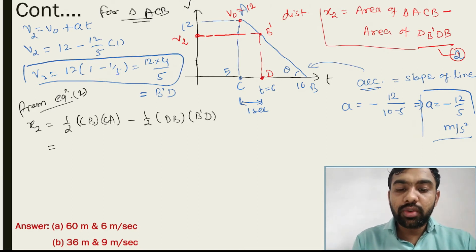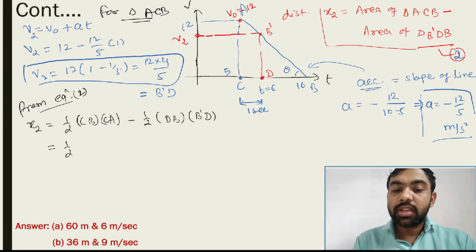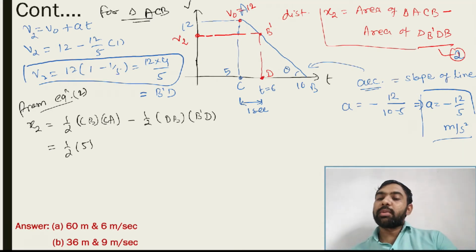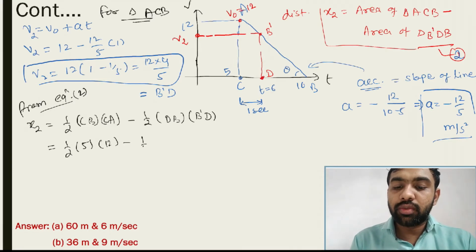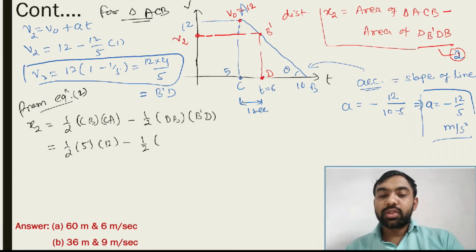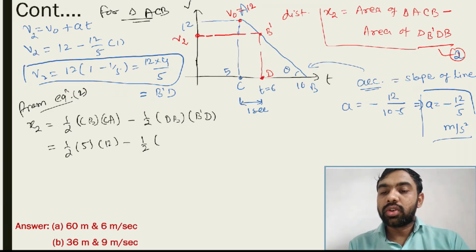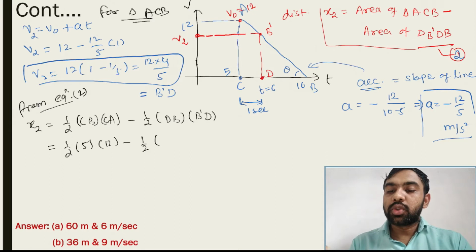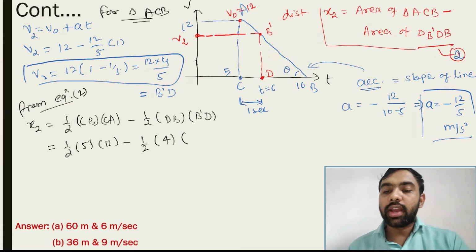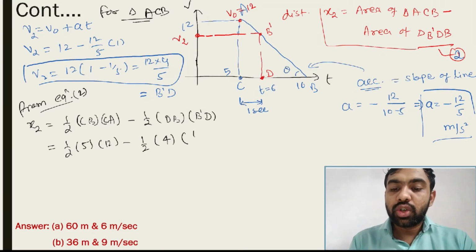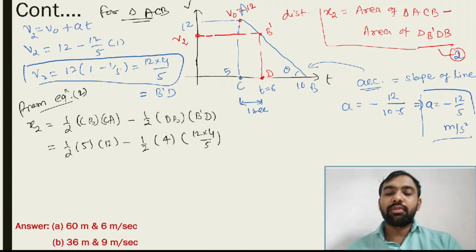So put in the values. 1/2, base CB, CB is 10 minus 5, which means 5. CA is 12. Minus 1/2, what is DB? DB is 10 minus 6, that is 4. And B dash D is 12 into 4 upon 5.